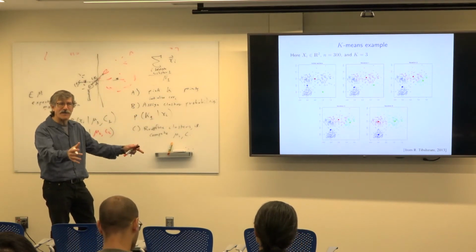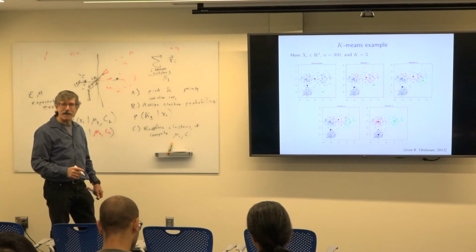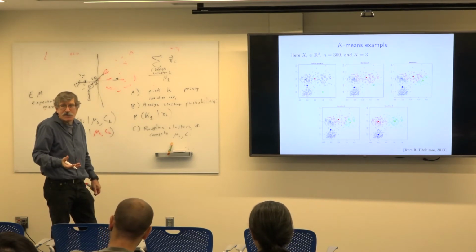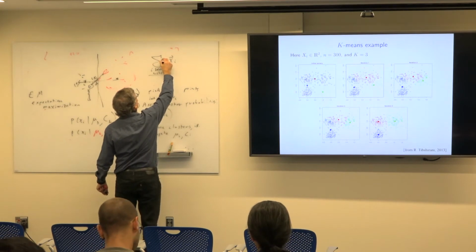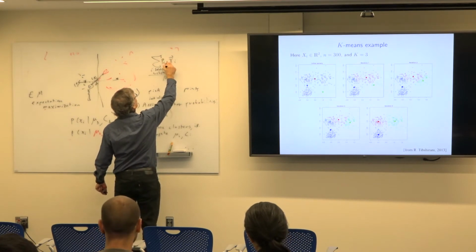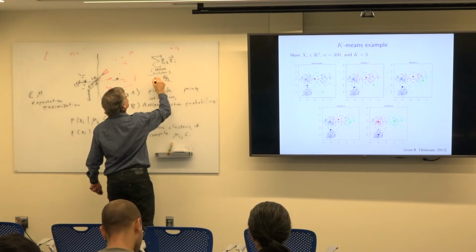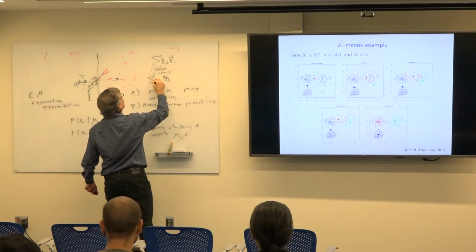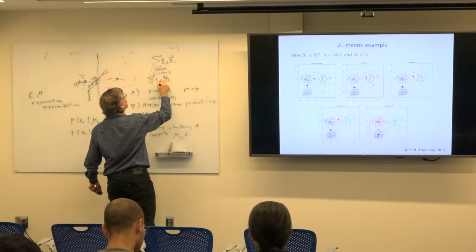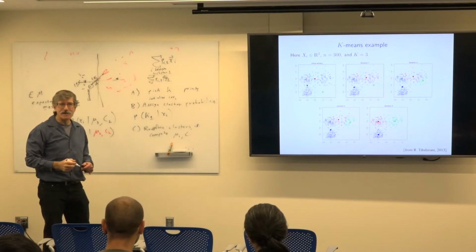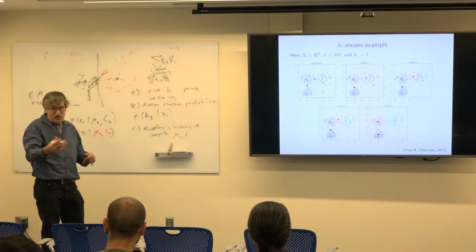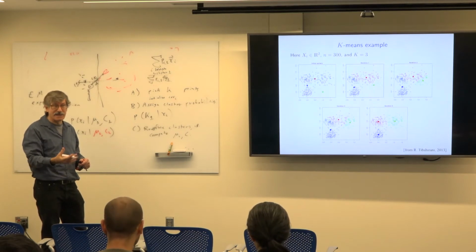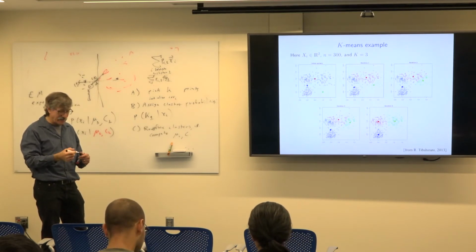We took all the points that were in there, we added them up, and we divided by how many there were. So now we're just going to do a weighted average. There'll be a weight, which will be the probability that point i belongs to cluster 1. And down here, we're going to have the sum of the probability that i belongs to cluster 1. Okay? So it's just a weighted average. Each one gets multiplied by the weight, and instead of dividing by n, you divide by the sum of the weights.